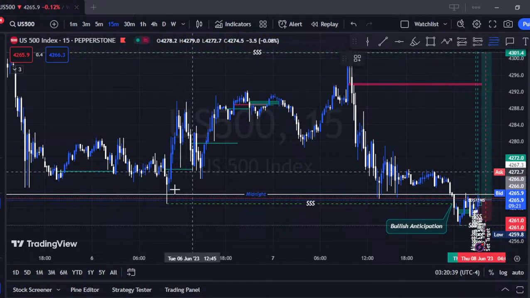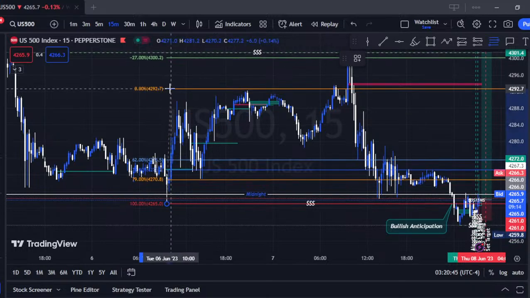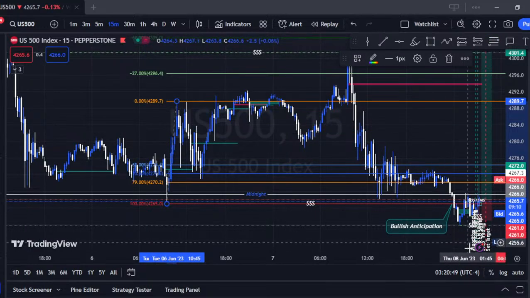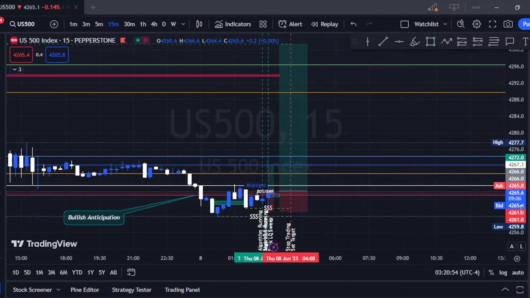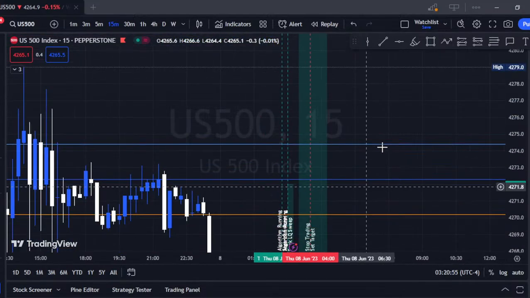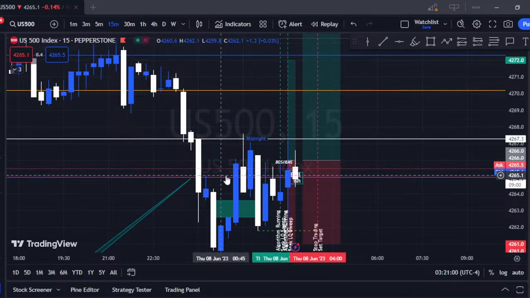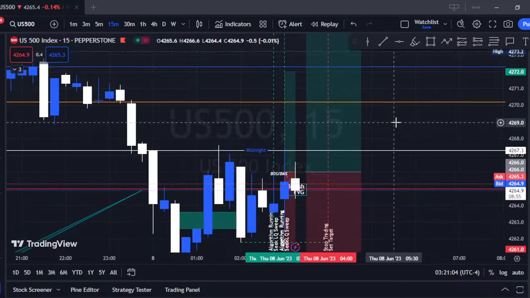Where's the valid swing? I'm going to mark this one, right here. One moment, I will be marking my TP level. It is a bit cheating because it is on the OTE level, aligned with our BPR here.